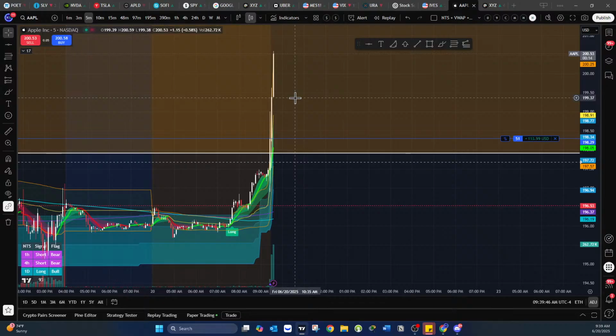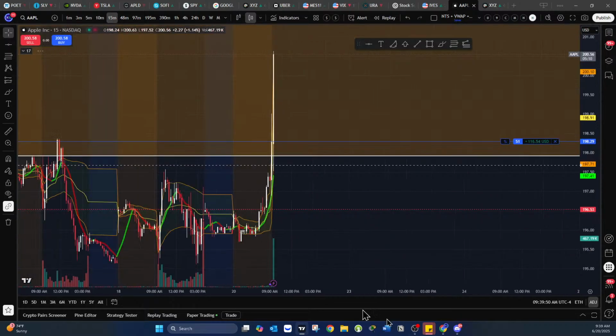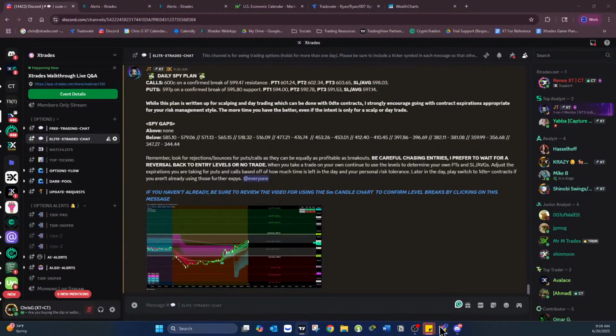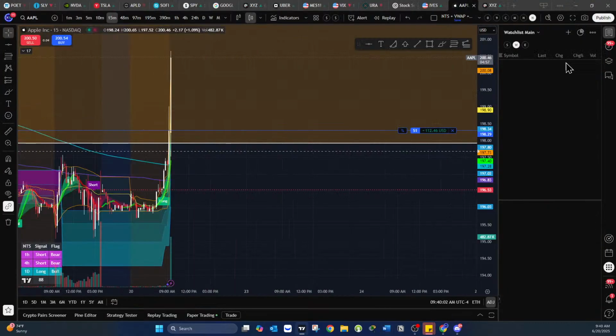That's crazy. This volume is crazy on Apple right now. Did we get any news? What is going on? There must be some news with Apple for this to pump like this. Let's check Mag 7 here.